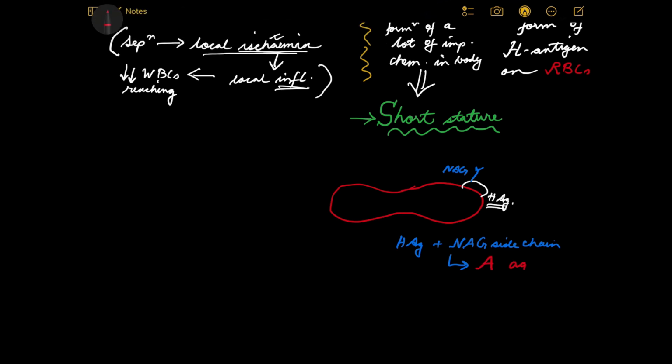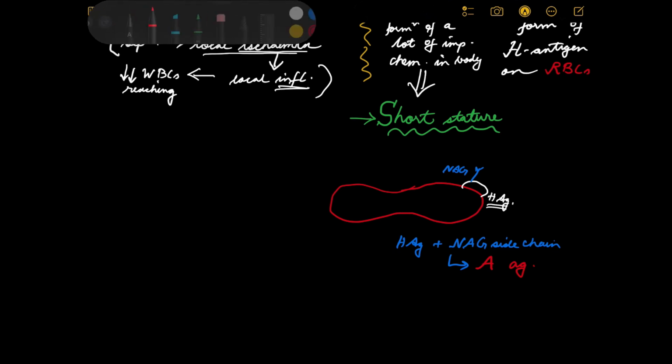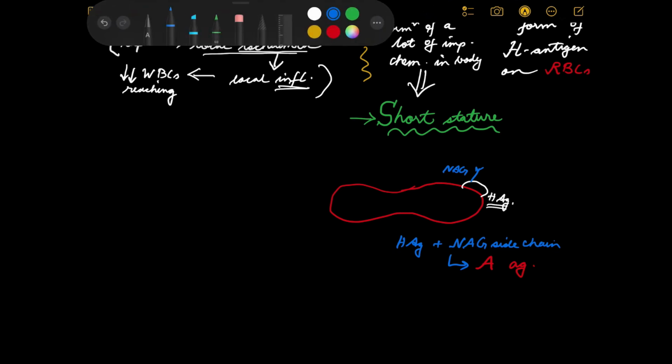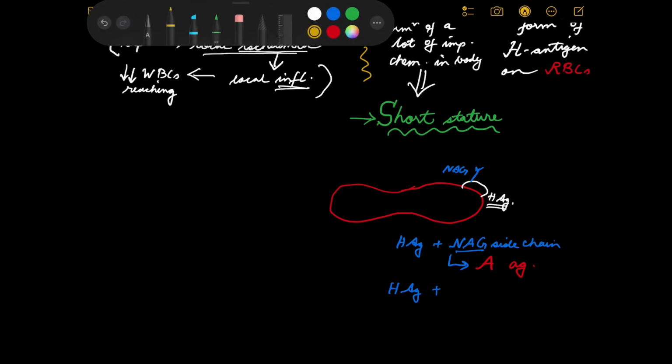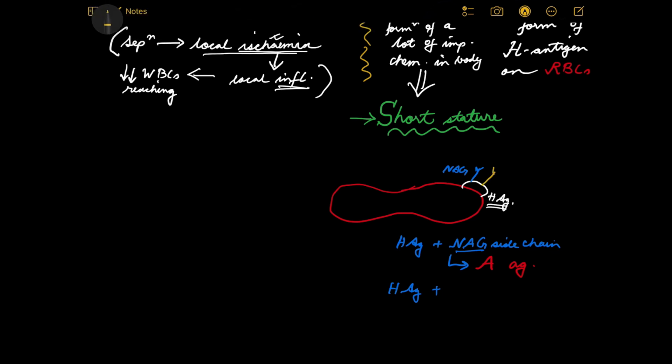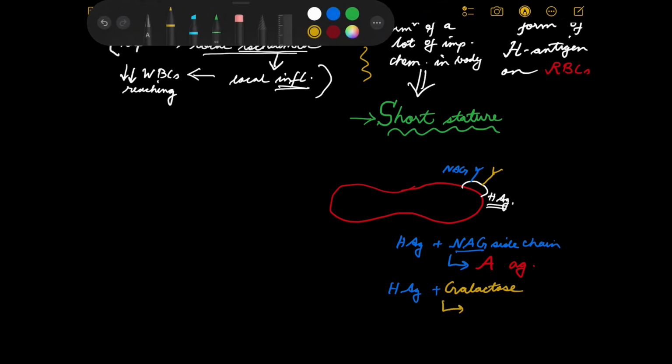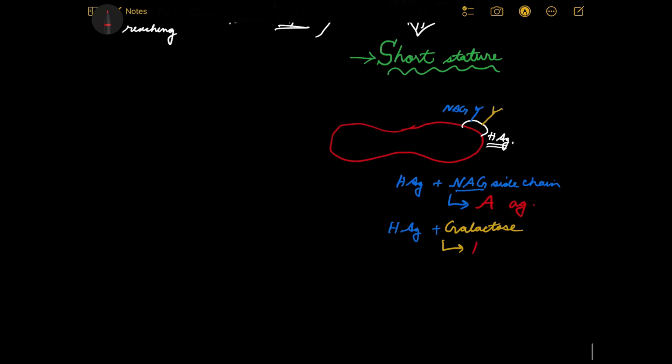Whereas if H antigen does not have N-acetyl galactosamine but rather has a galactose side chain, then it is called B antigen.